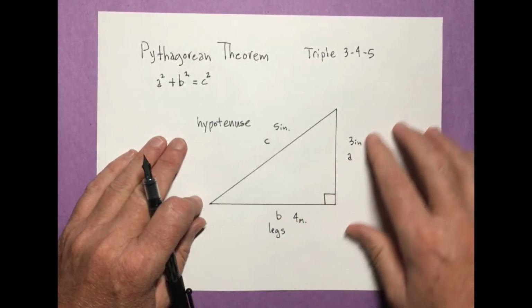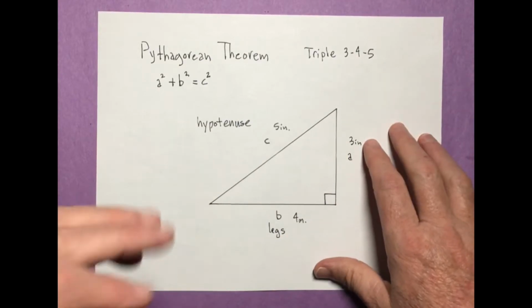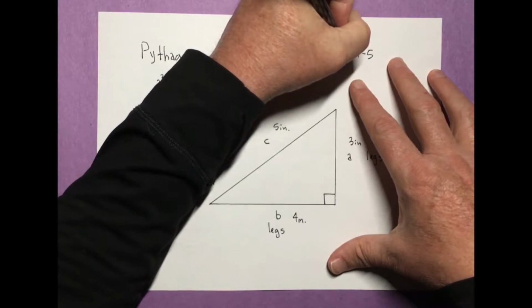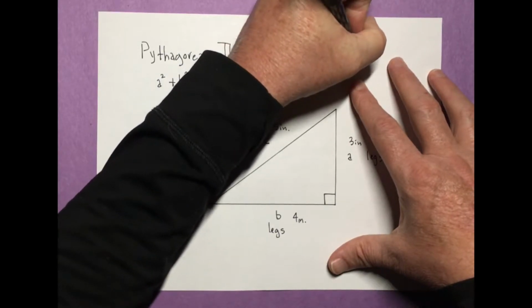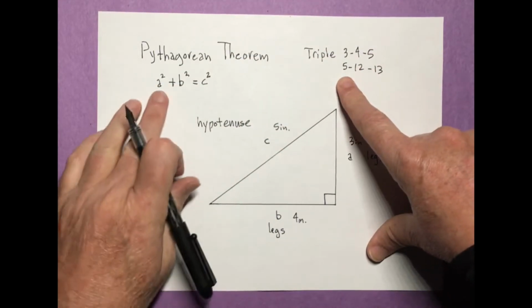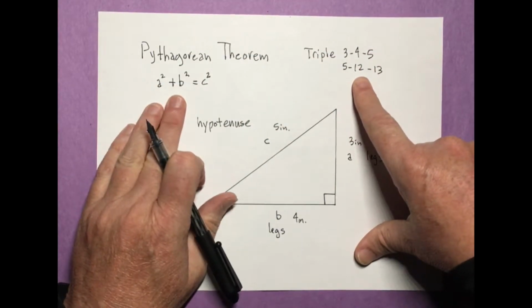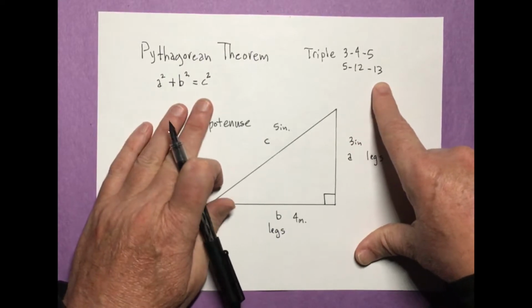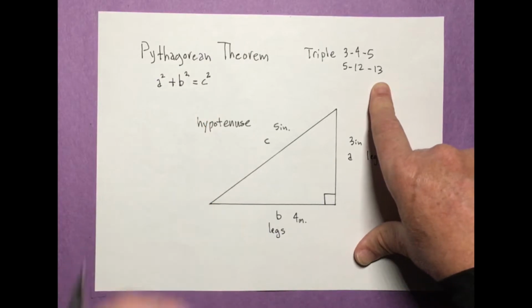But some of the more popular ones, 3, 4, 5, definitely out there. What else do we have? We go with 5, 12, 13, because 5 squared is 25, 12 squared is 144, 25 and 144 is 169, which just so happens to be 13 squared.